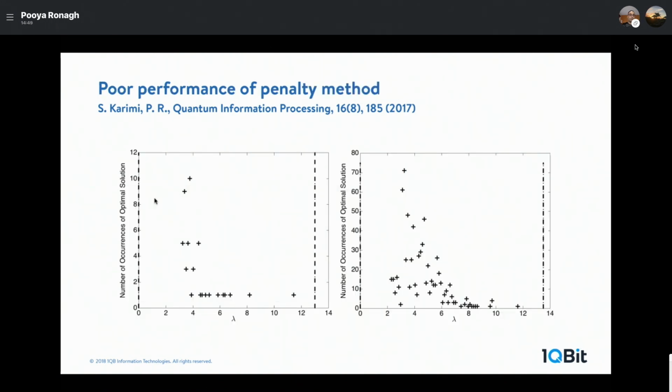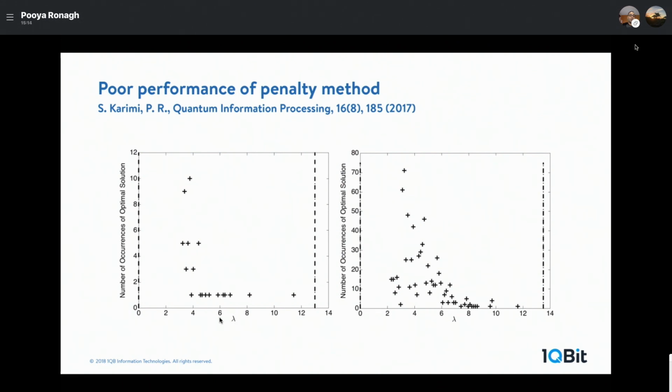So when trying to solve this problem using D-Wave systems, if you fix every choice of the Lagrange multiplier, which is basically, in this case, the same as the penalty coefficient, the dotted line on the right-hand side of each graph is this tight theoretical penalty. And we don't see the solution at all when we try to solve it with this penalty method.